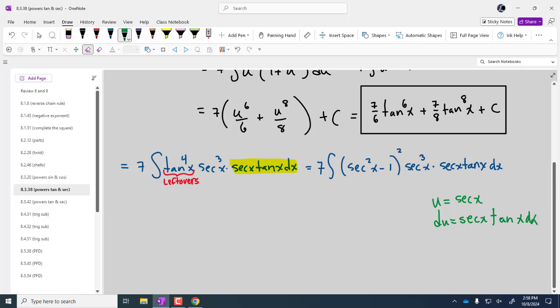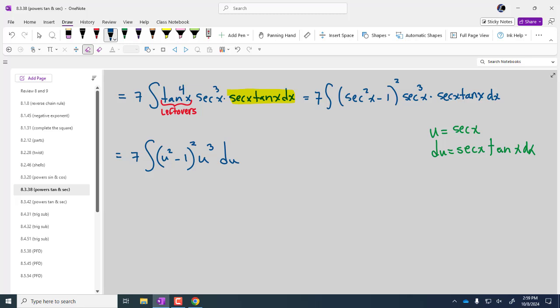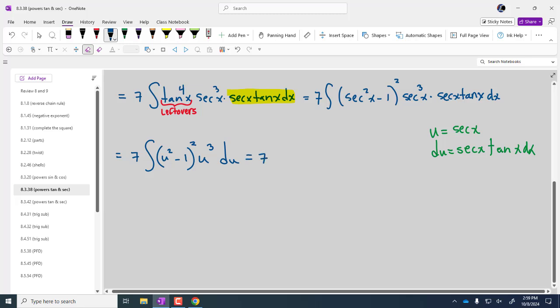So what does that give us? Our new form is going to be 7 integral u squared minus 1 squared times u cubed times du. That's a lot more ugly. Yeah, if you pick the wrong way, it's definitely more work. So we square this out.